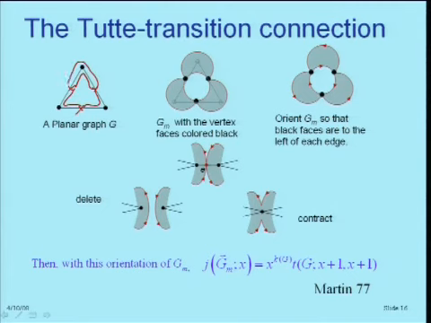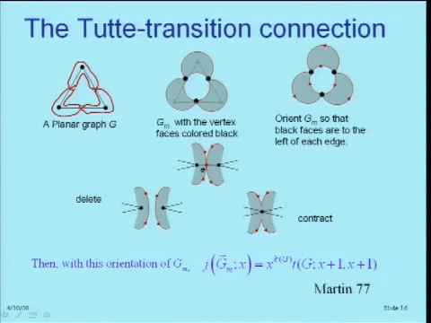This is fun. Okay? And that gives me the medial graph. I color it by making the faces that had vertices in them black. And then I orient the edges by going counterclockwise around the black faces. Okay?